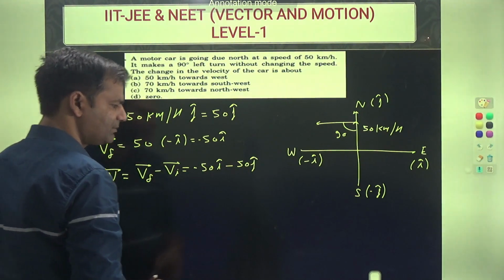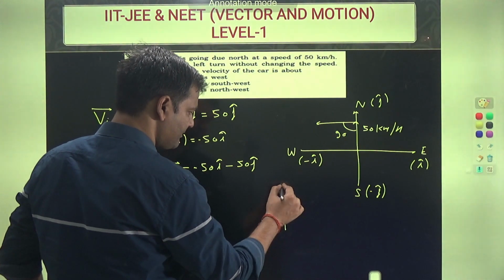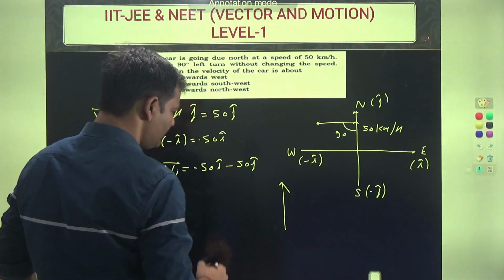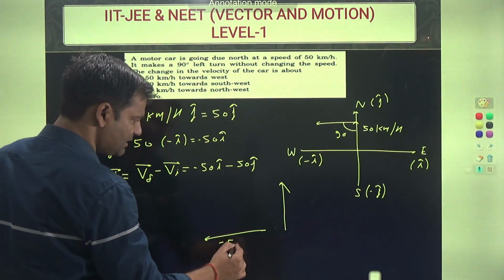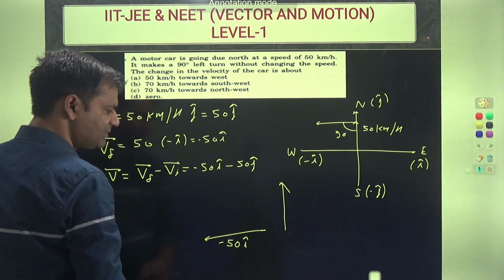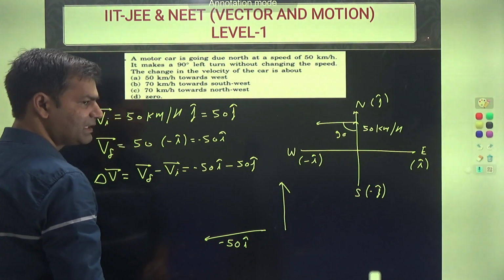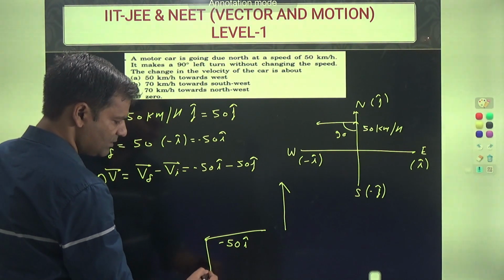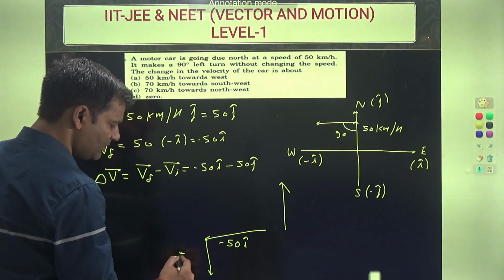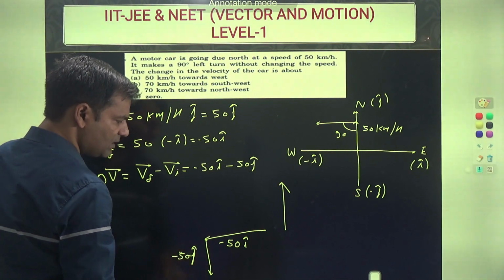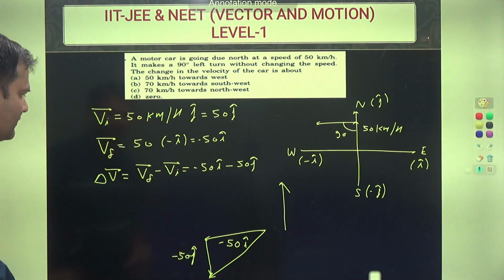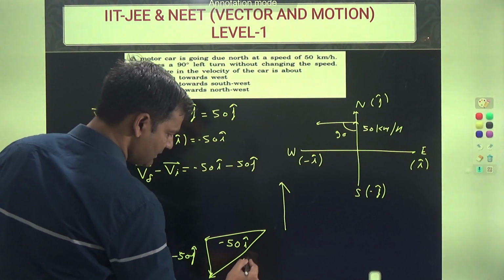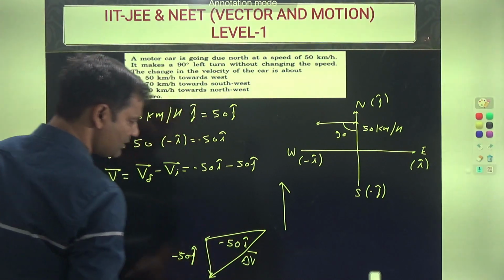If you make this one, 50 i cap minus 50 i cap, it is minus 50 i cap and minus 50 j cap. Minus 50 j cap means that is downward. Clear? Minus 50 j cap. That one is the resultant delta V. Clear or not?